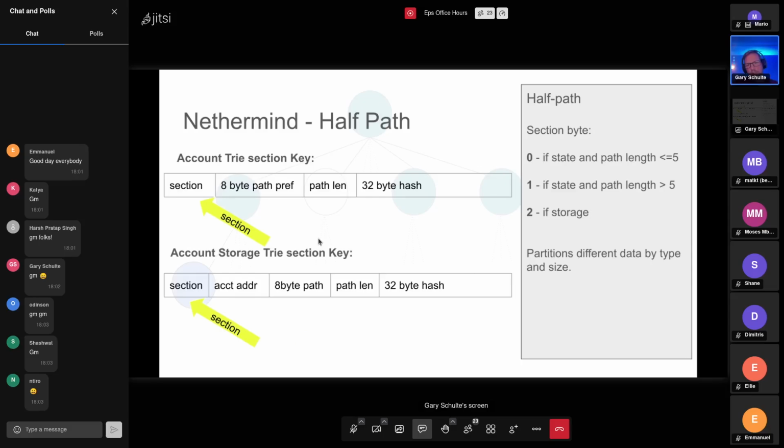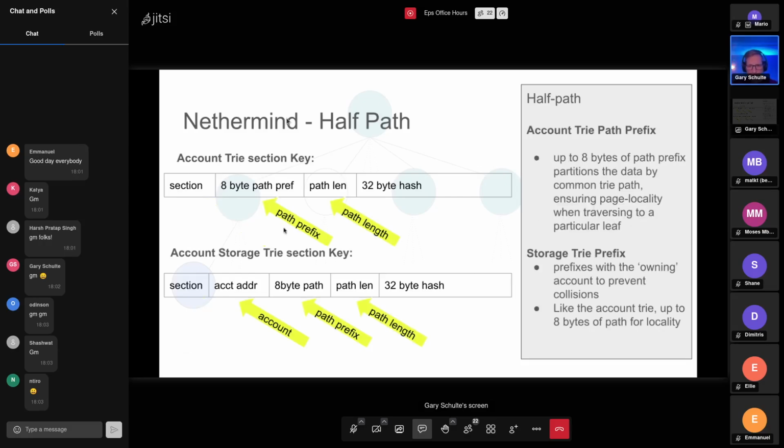So you can see how this access pattern is going to make it where the hot portion has its own usage profile, and the deeper portion will have its own usage profile, and the section byte value of 2 means that it's account storage, contract storage. So that is partitioned off differently. It just creates a good usage profile for partitioning this stuff by where it exists in the tree. And again, this is the path prefix, up to 8 bytes. There's the path length.